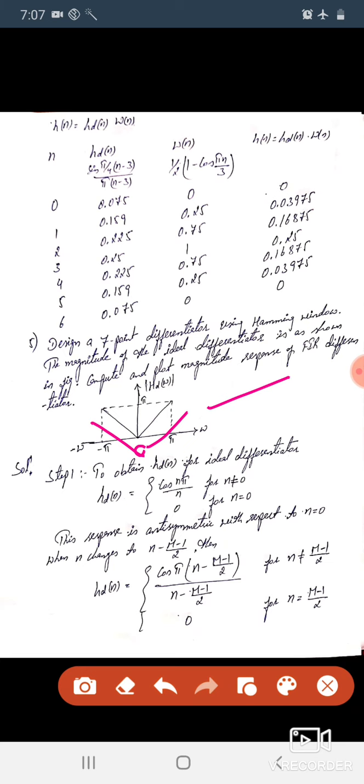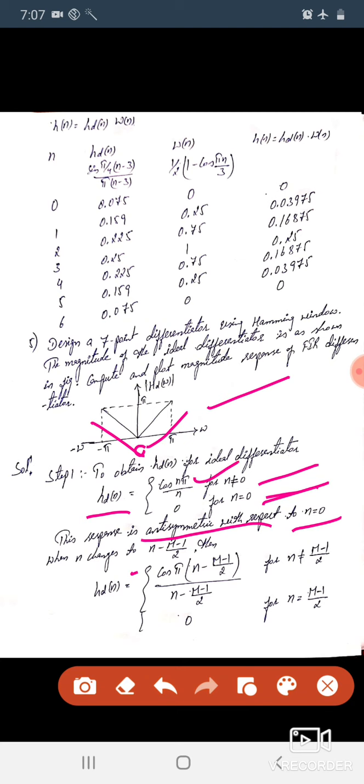I can write hd of n equals cos n pi divided by n for n not equal to 0, and 0 for n equal to 0. Next, for the antisymmetric response with respect to n equals 0, the equation is going to change.